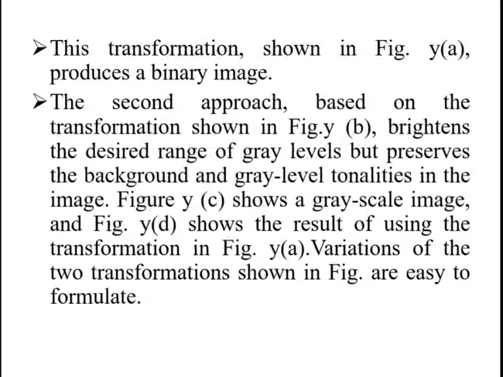The second approach, based on the transformation shown in figure (b), brightens the desired range of gray levels but preserves the background and the gray level tonalities in the image. Figure (c) shows the original grayscale image and (d) shows the result of using the transformation in figure (a). The variations of the two transformations shown in the figure are easy to formulate.